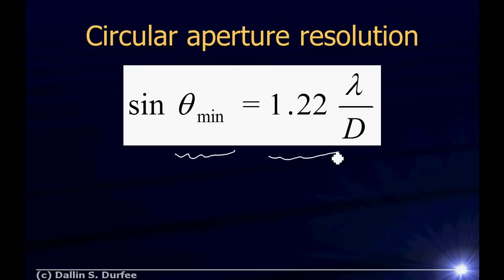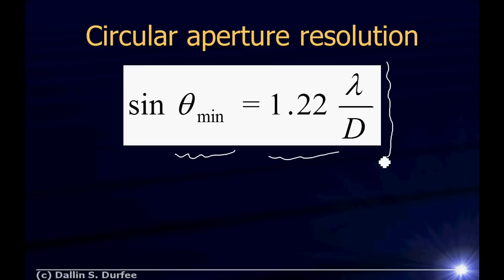It comes from the equation that tells you what that diffraction pattern looks like and where it goes to zero. It turns out you get something called a Bessel function, and this is a zero of a Bessel function. But to 3 significant digits, the zero of that Bessel function is 1.22, and this is the equation that will tell you what you can see with an ideal telescope.